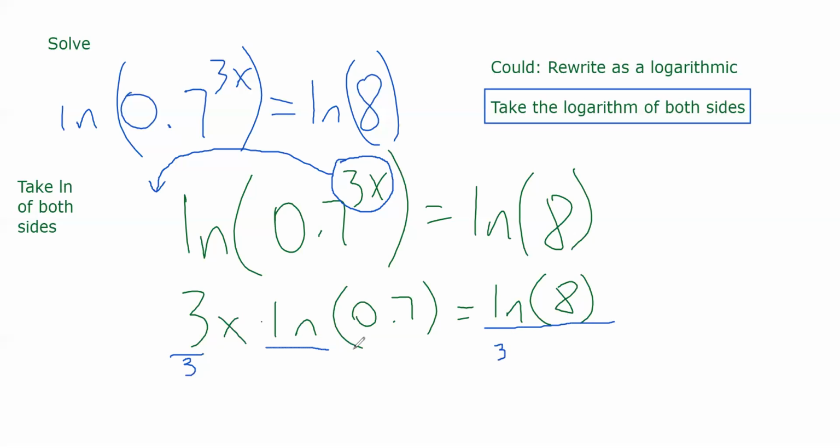I also need to divide both sides by the ln of 0.7. And that will get x completely by itself. And actually, since I'm dividing by both 3 and 0.7, you could multiply them on the bottom.